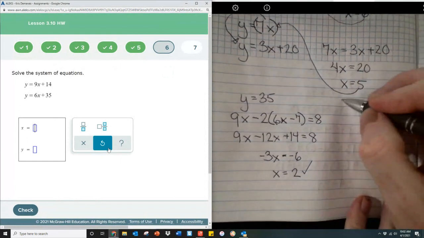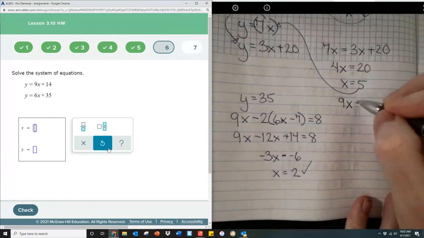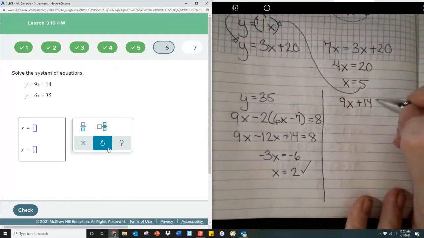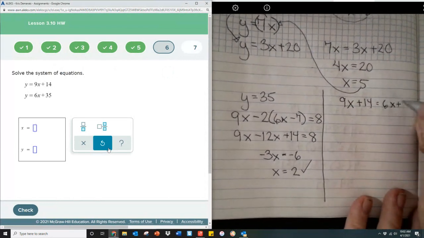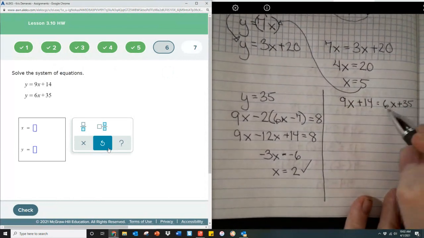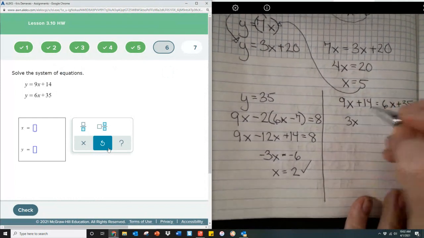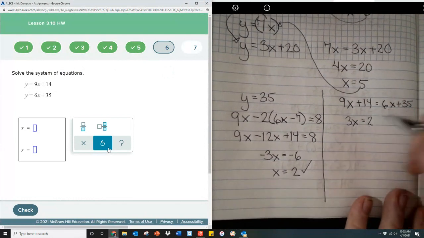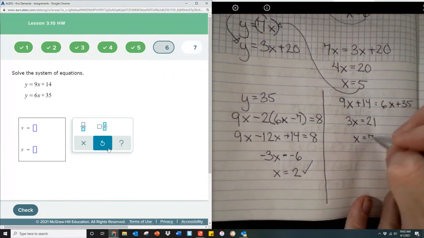So we're going to go ahead and set them equal to each other. All right, now I'm going to go ahead and subtract 6x from both sides. I'm going to get 3x. Subtract 14 from both sides. That gives me 21. And then x equals 7.